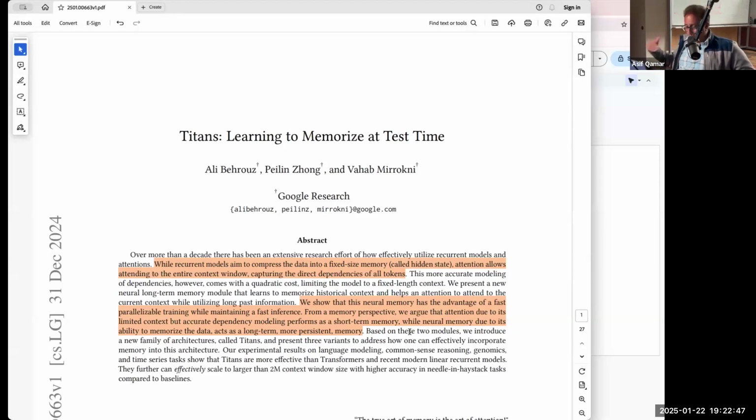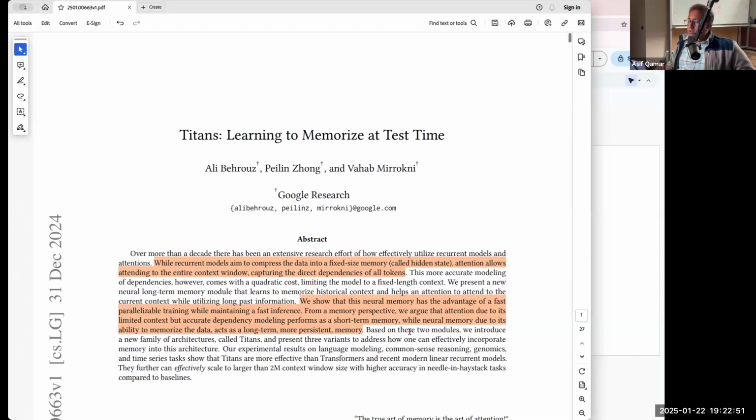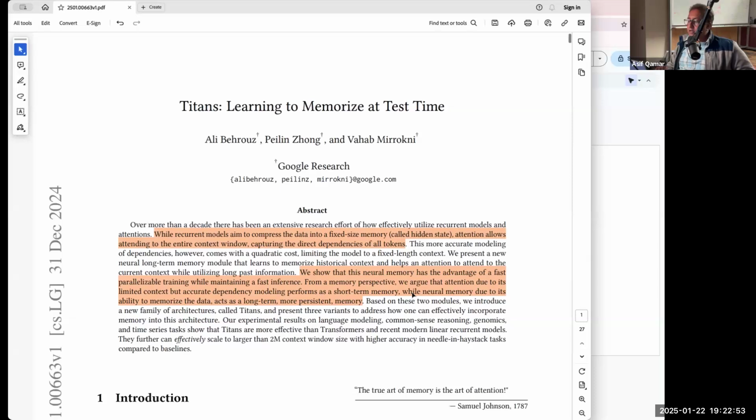How they do it, there are a lot of mechanisms coming in the paper. So just to finish that thought, if you read here, we argued that the attention, due to its limited context... Basically, what they're trying to convey is that neural memory has an advantage as a long-term memory. That's the message from these sentences.